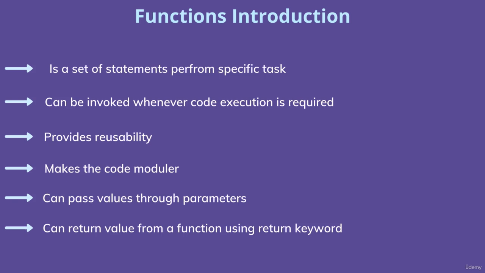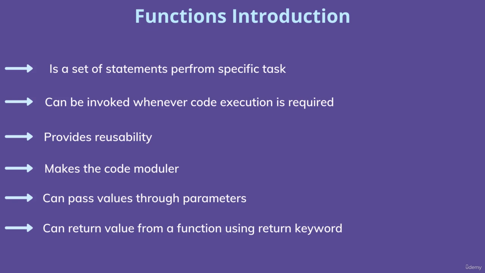While defining the function, I can pass some parameters as well, so that whenever I want to supply some value from the calling environment, meaning when I am invoking it, I can pass a specific value. For example, if I define a function which adds two numbers, 2 plus 4, it will always give me 6.